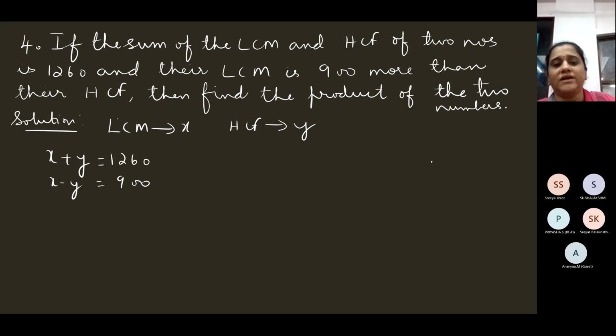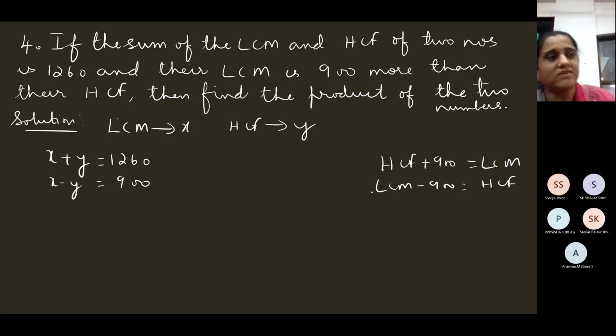That means LCM minus HCF is 900, right? So you can also write HCF plus 900 is equal to LCM, or you can write LCM minus 900 is equal to HCF. Anyways, you can construct the equation.